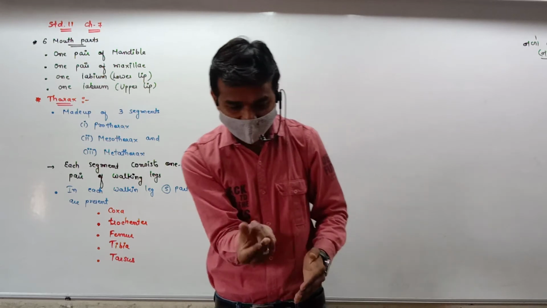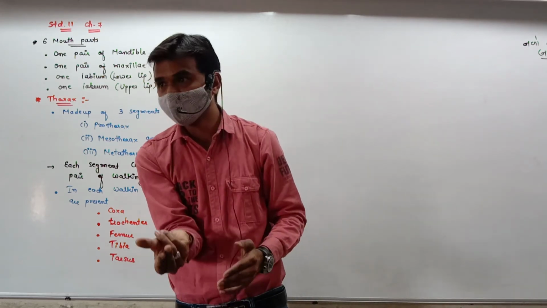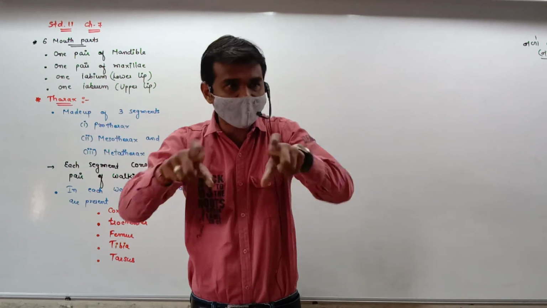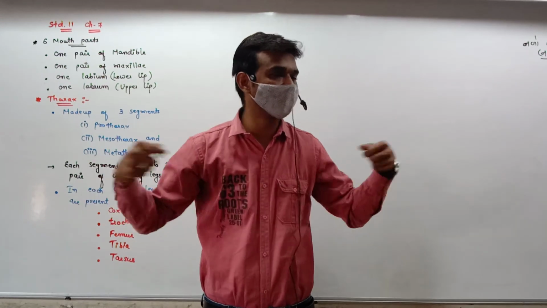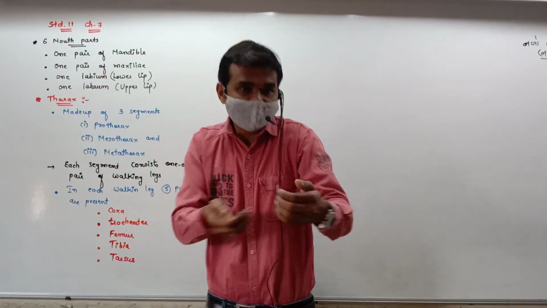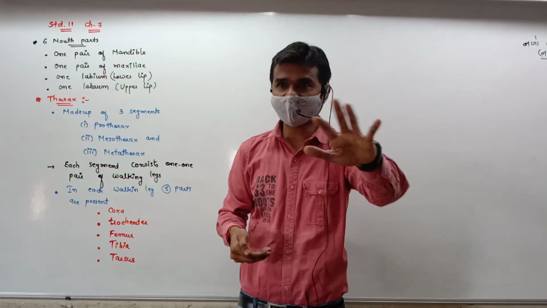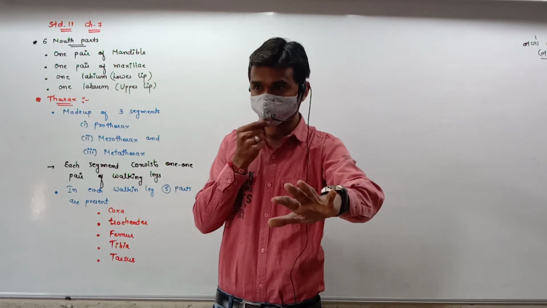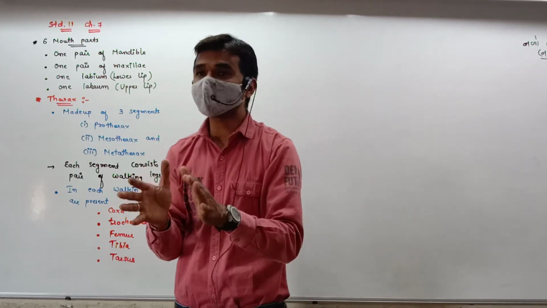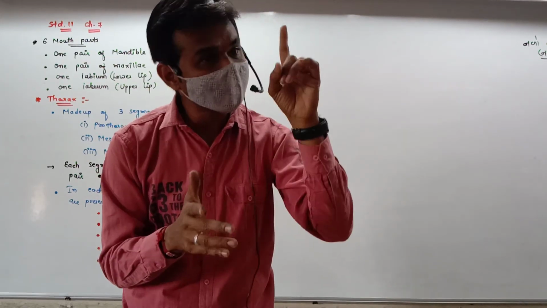And when you turn it to the lateral ventral side, in each and every segment one pair of walking legs is raised. Then on the lowermost abdominal side you are able to sit. So walking legs are attached on the ventral side of the thoracic segments.